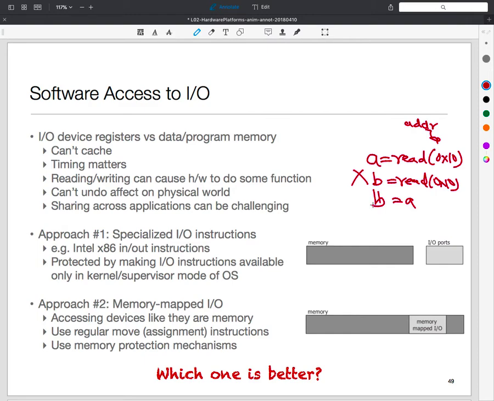You do want to tell the compiler, don't optimize this. So there's a way in programming languages like C and C++ to tell the compiler that this variable is mapped to hardware. When I say read it, do go and read it. Anyone knows what? Okay.